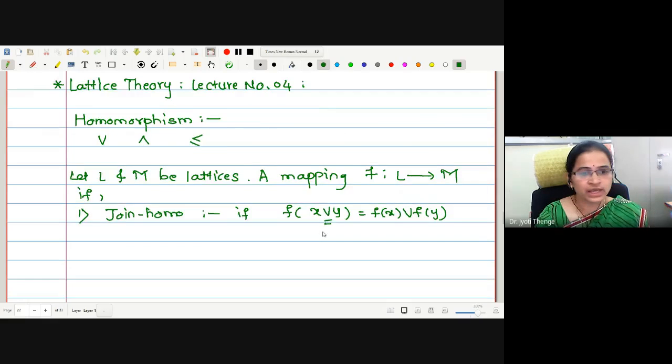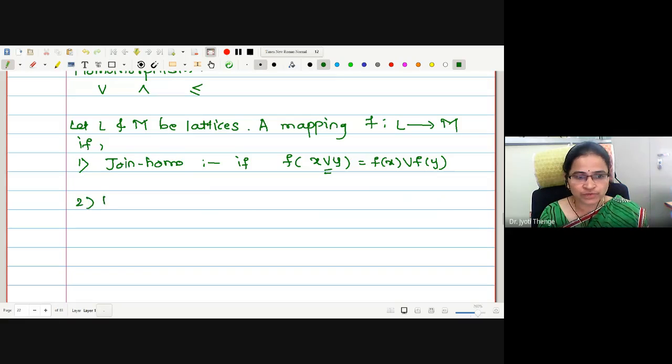Next is meet homomorphism. When will this function be called meet homomorphism? If f of x meet y is equal to f of x meet f of y.